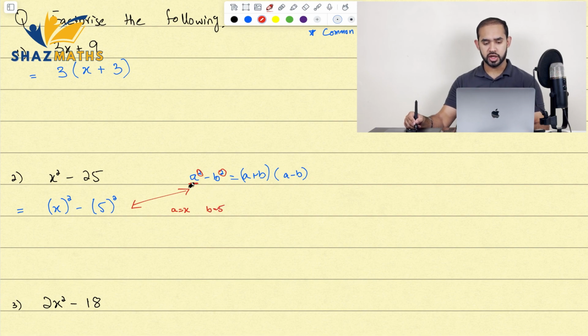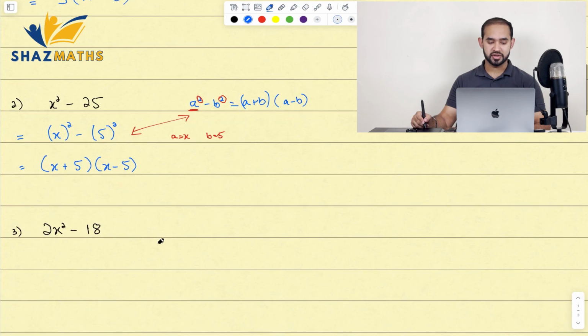And we can see it over here, a square minus b square is equals to a plus b times a minus b. Now let's replace these values of a and b into this formula. So a square minus b square is equivalent to a, that is x, plus b times a minus b. So that is the final answer.